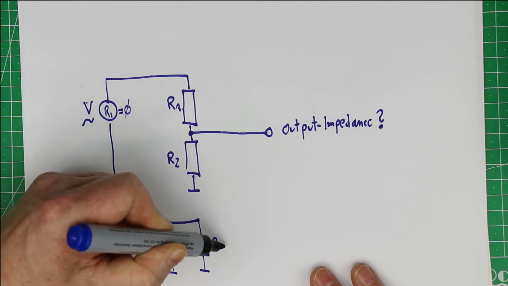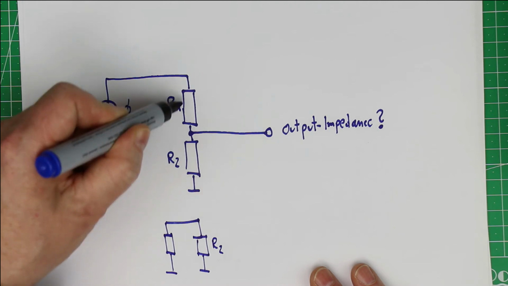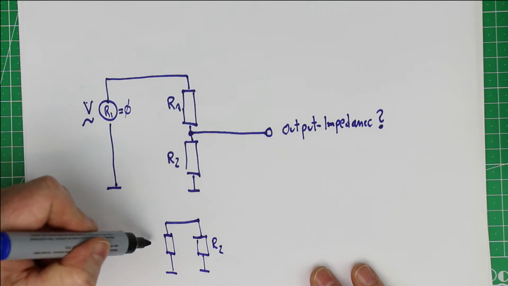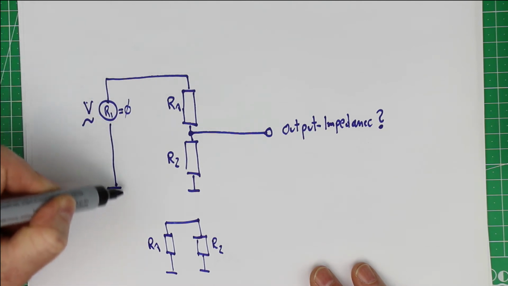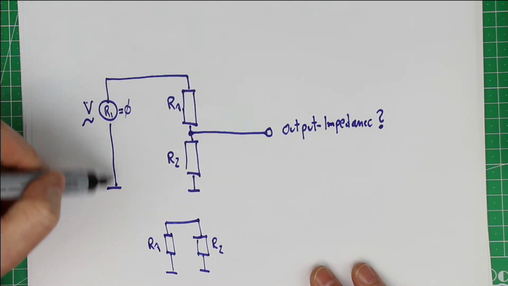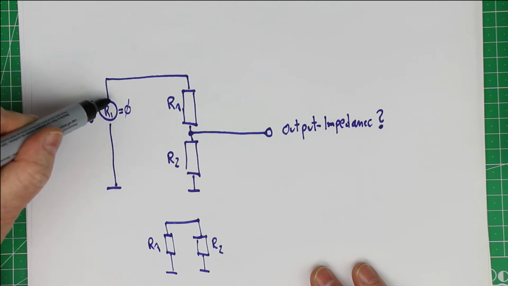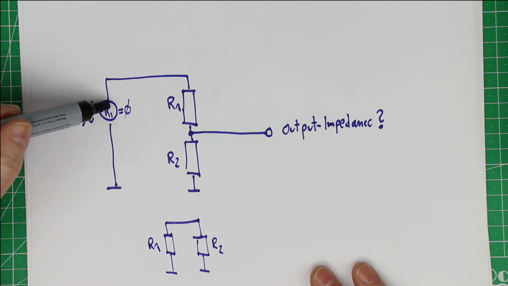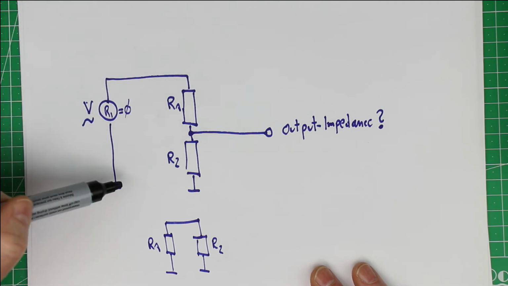We have R2, which shunts the output fed from R1 to ground, and we have R1, which also shunts the output to ground. Now we leave out the voltage itself, but we have to know that an ideal voltage source has an internal resistance of 0, and that is a path down to ground.